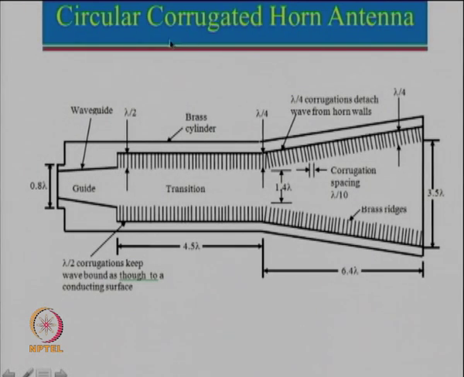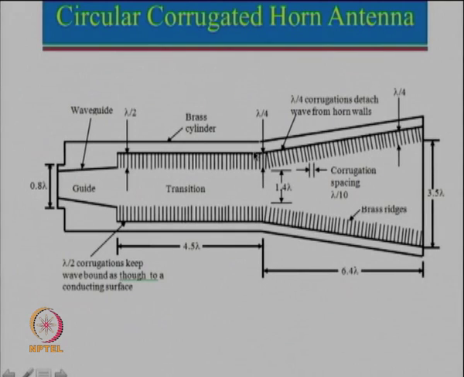That is not what corrugated horn antennas are supposed to do. What corrugated horn antennas are supposed to do is that they should make the field symmetrical in the E-plane. So now if you see what has been done, this lambda by 2 transition slowly becomes lambda by 4. Now this may not give you a true picture, but this dimension shows over here. So this dimension is lambda by 4. What does lambda by 4 really do?